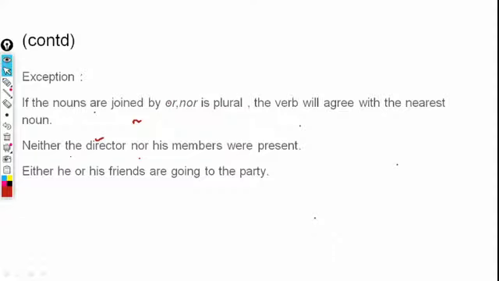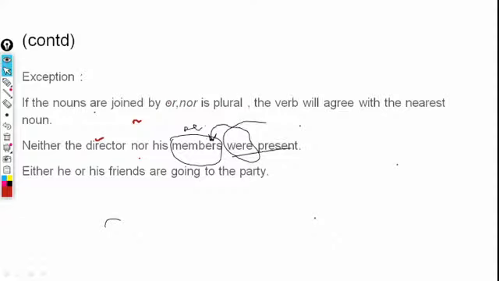Just remember with the help of this point that the verbs always agree with the nearest noun. What is the nearest noun? Members. This is plural. That is why we have written were.